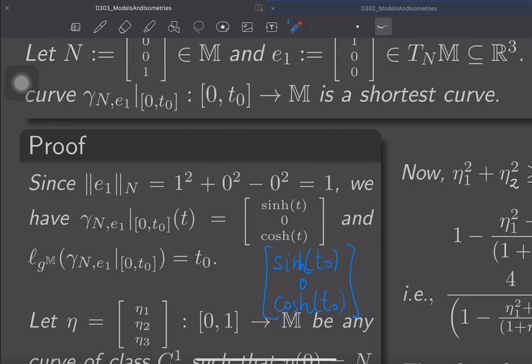Okay, but not only that, it's parameterized by arc length. So the hyperbolic functions cosine and sine give me the parametrization by arc length. Yeah? Is it clear? Yes.